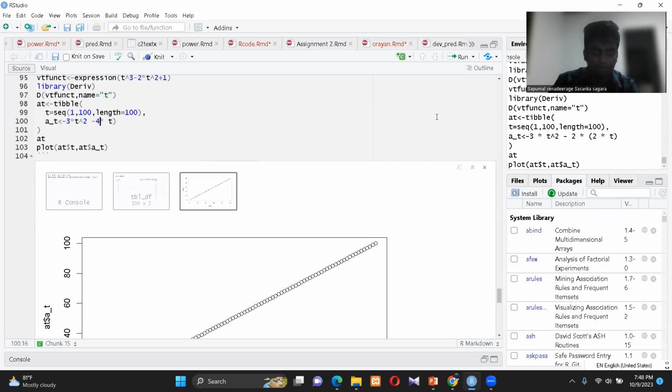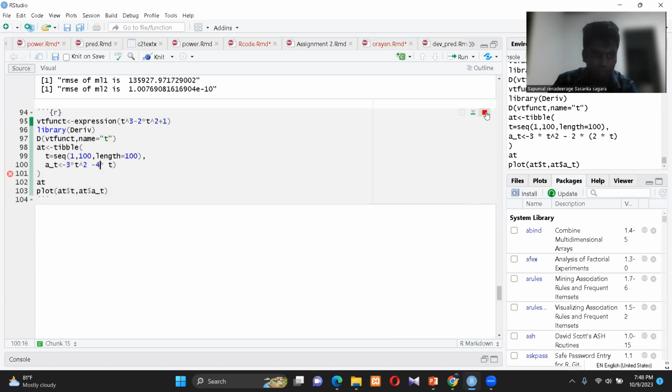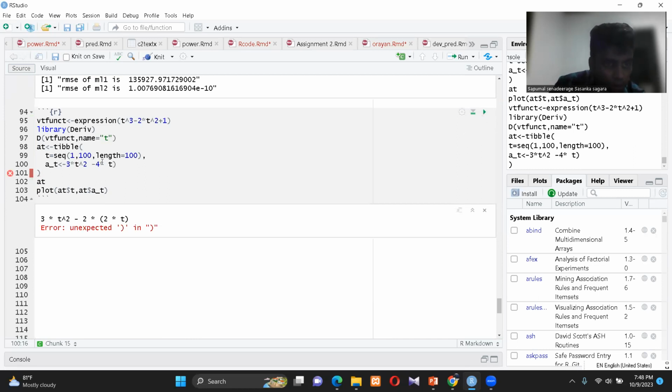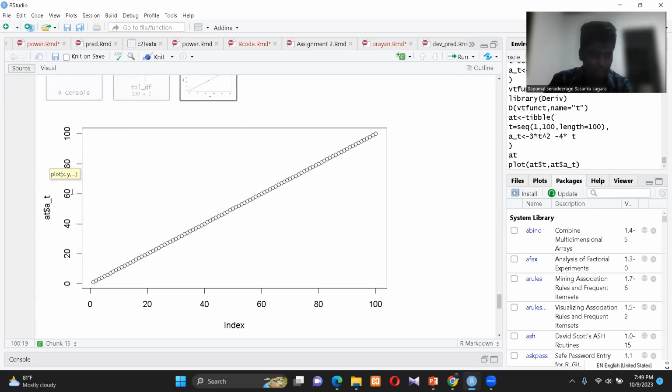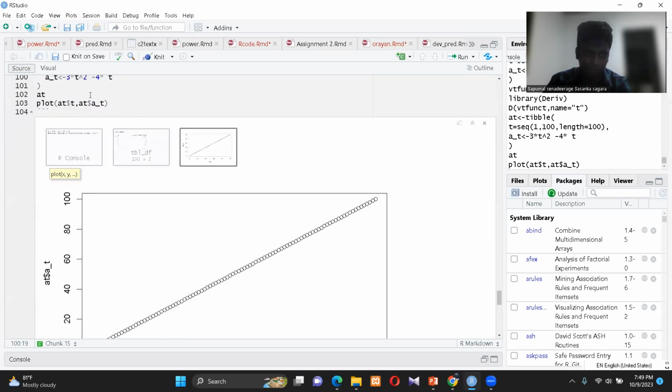We will simplify it a little bit. There are no parentheses there. This may be a quadratic form.